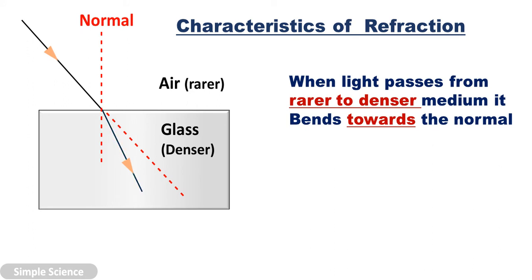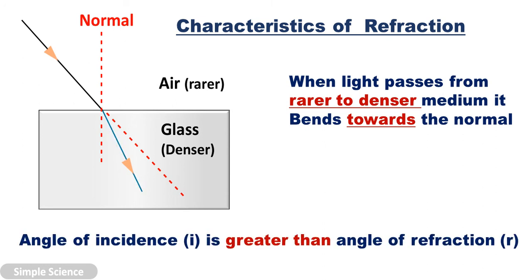So when a light ray passes from rarer to denser medium, it bends towards the normal. This is the first characteristic. And the angle of incidence i is greater than the angle of refraction r.